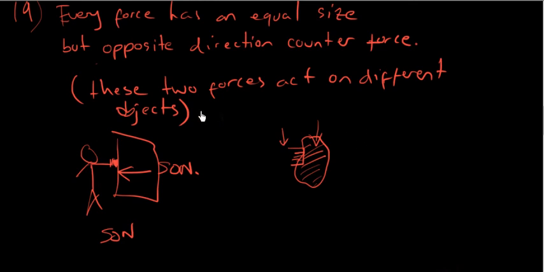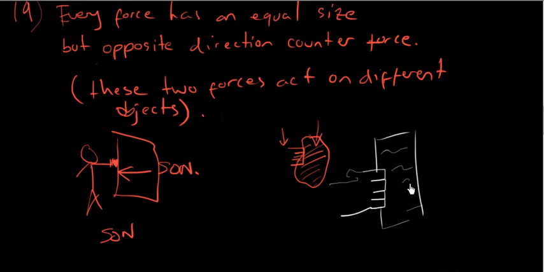And another way of understanding this law, which is really a good way of thinking about it, is that imagine I try to punch, with my huge ugly fist, a piece of paper, and somebody's holding it up here with their hand, but they don't hold it at the bottom.